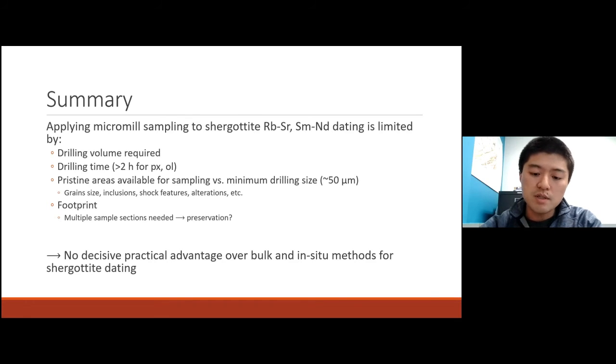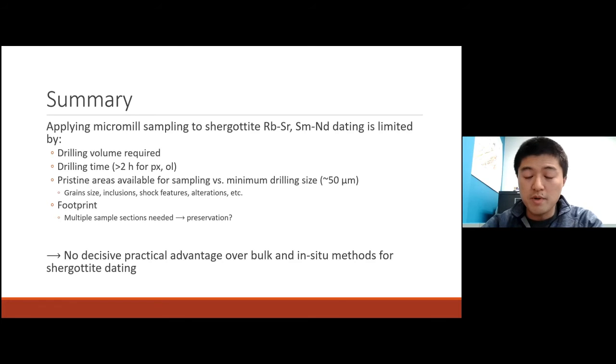So in this study, we used the conical tipped ones just to see how high of a resolution we can get, and then compare that to whether or not we can use that to bypass these physical heterogeneities that are pretty common in shergottites.